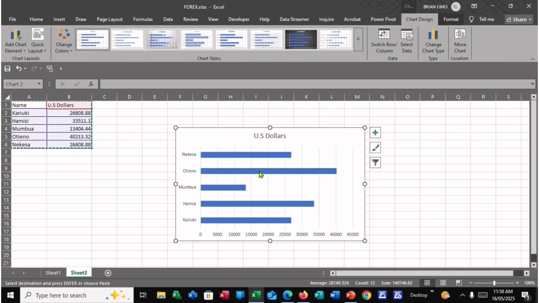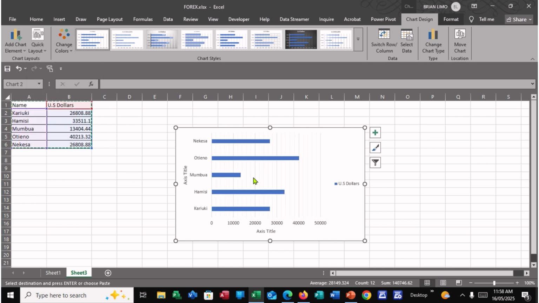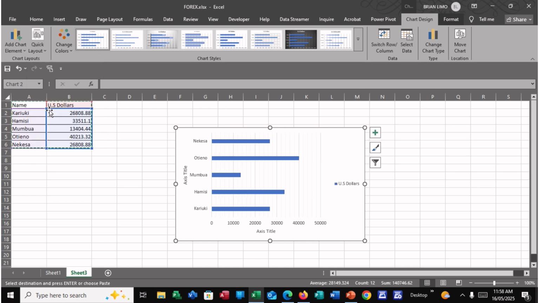2D. This one, the quick layout of the chart, I want all the parts to be labeled. So this one is the head. Chart quick layout, I want all the parts to be labeled.